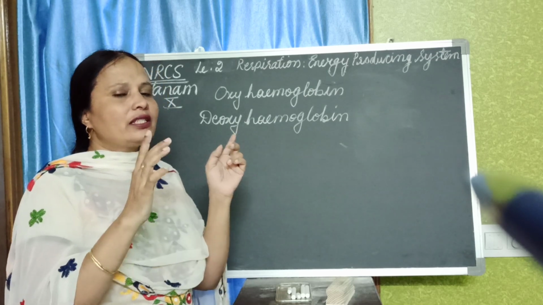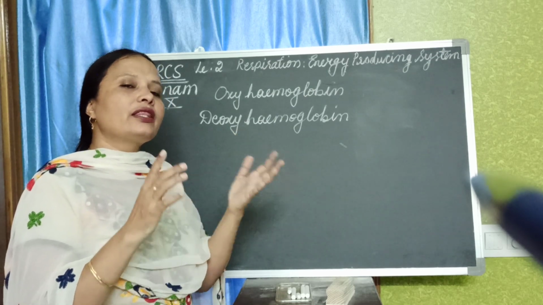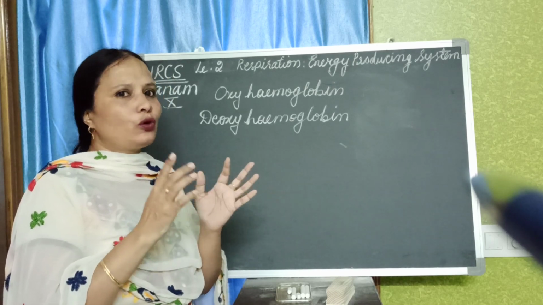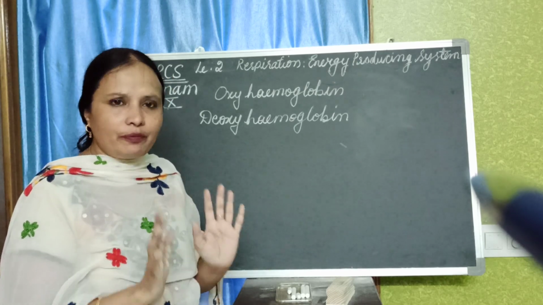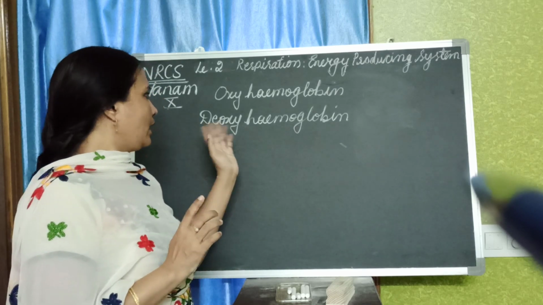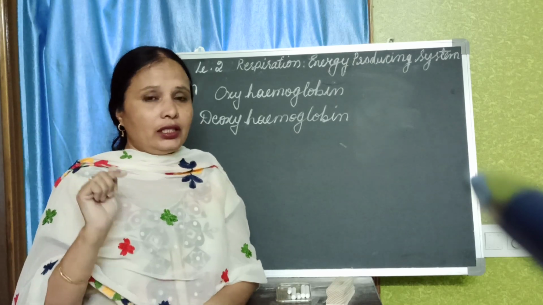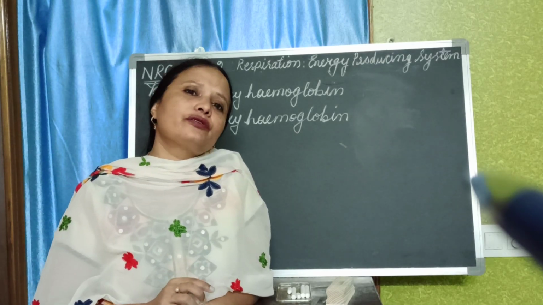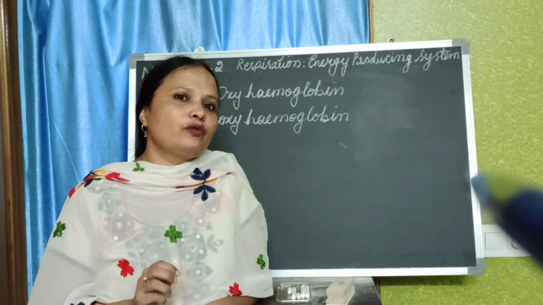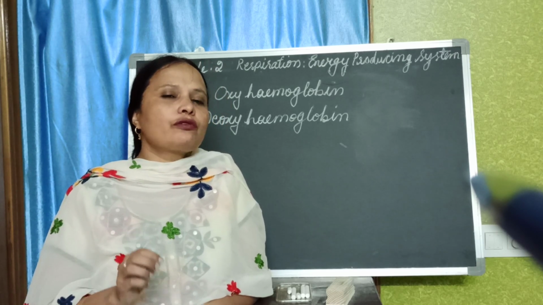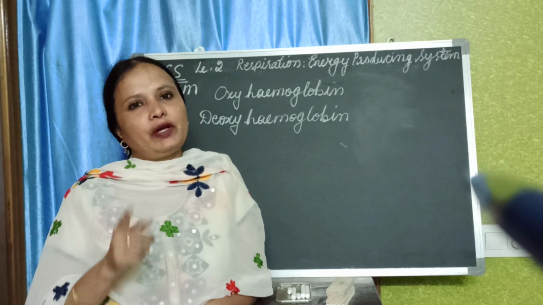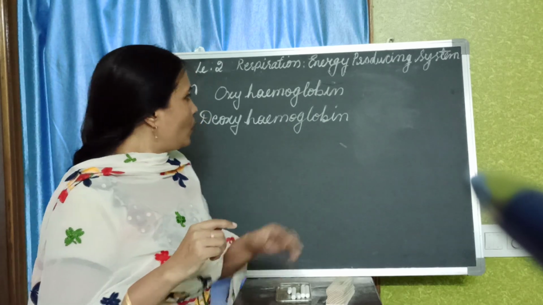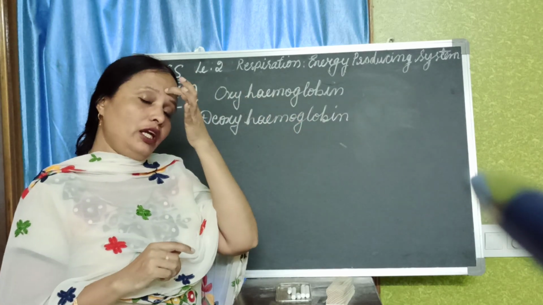So when carbon dioxide is there and no oxygen, then we call it deoxyhemoglobin. Everything again in the RBC itself, of course. And the deoxyhemoglobin, where do you usually see it? We see it in the blood vessels which we call venules or veins, except the pulmonary vein, of course. So this is about oxyhemoglobin and deoxyhemoglobin.